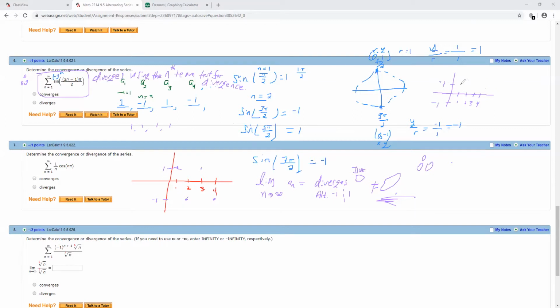So that in itself should be enough. 1, -1, 1, -1. It's just going to keep alternating forever, and there's no way these are going to converge to zero. Done.